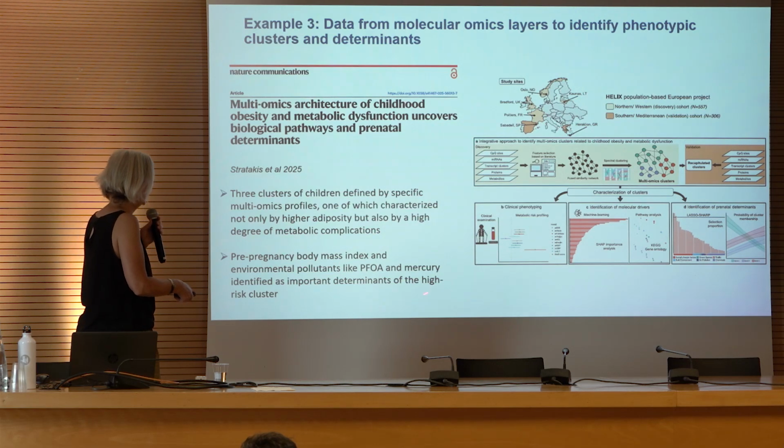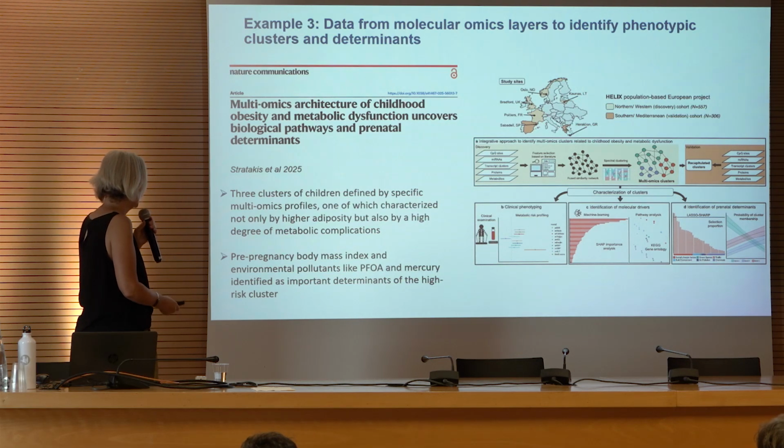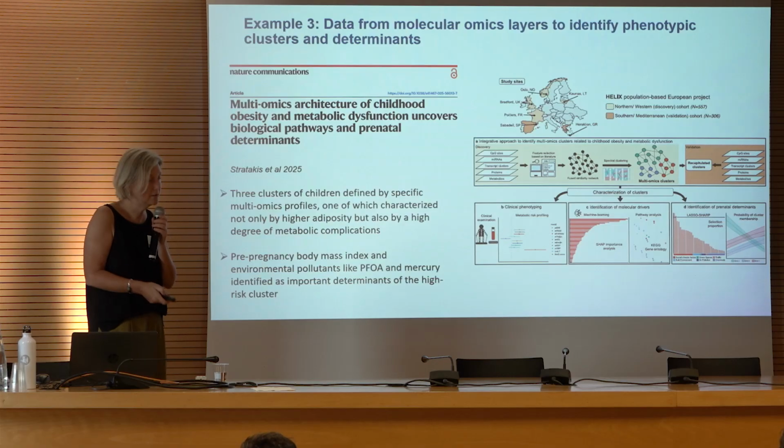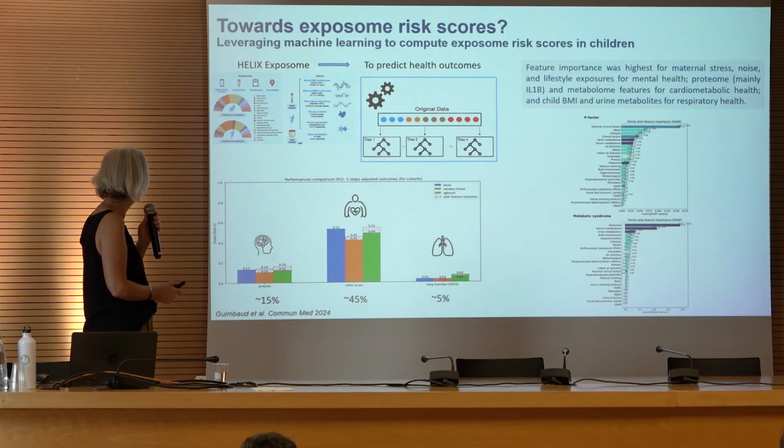And then we looked at the determinants of those different clusters of children, and we found that environmental pollutants like one of the PFAS and mercury exposure were identified as important determinants of the high-risk cluster of obesity.